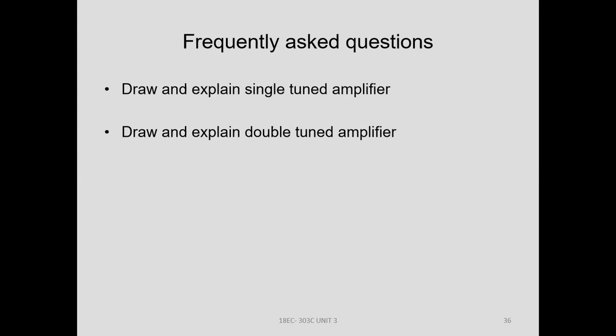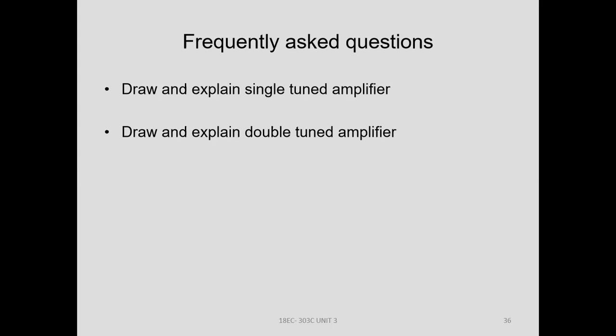And the next one is tight coupling. What is tight coupling? The two coils are close together. With tight coupling, the resistance offered is high. That means Q is low.